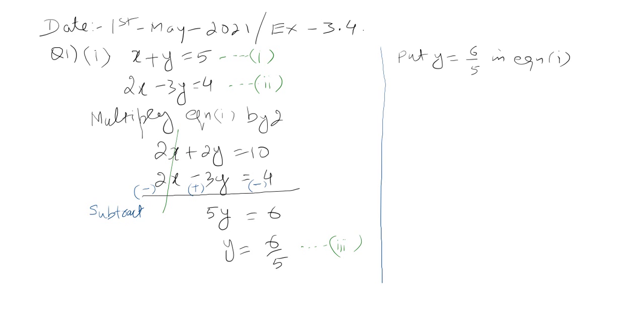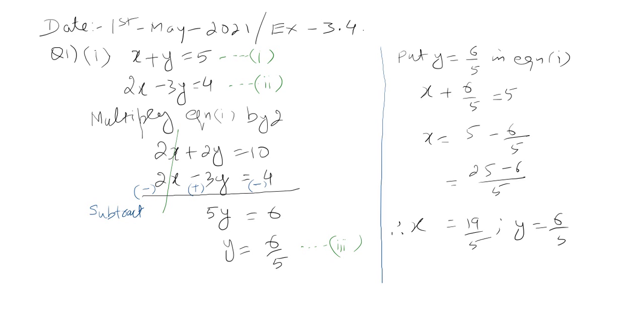So in place of y, we'll write 6 by 5 is equal to 5, x is equal to this, so this is 25 minus, so x is equal to 19 upon 5, and y is equal to 6 upon 5, right? So this is what we call the elimination method, by which we can solve any pair of linear equations.